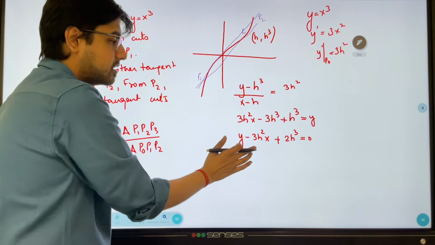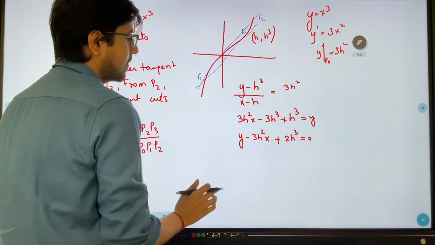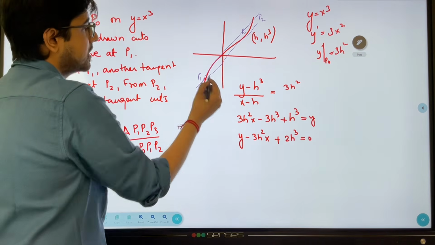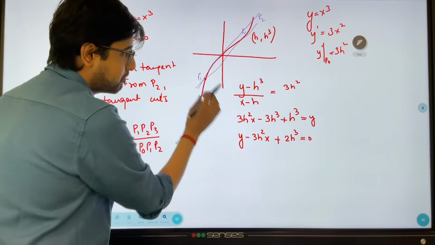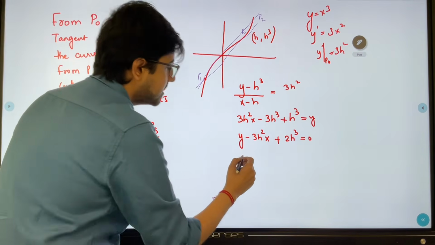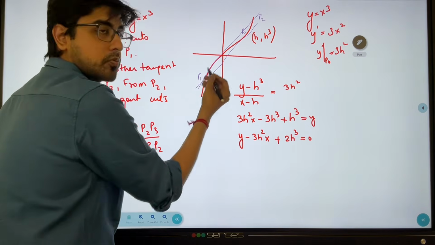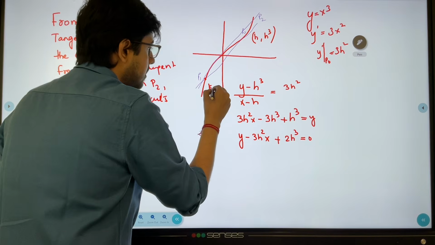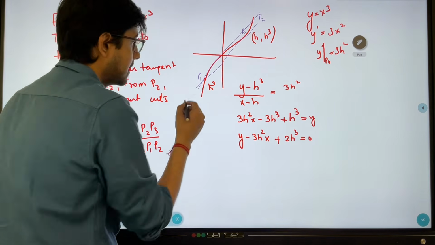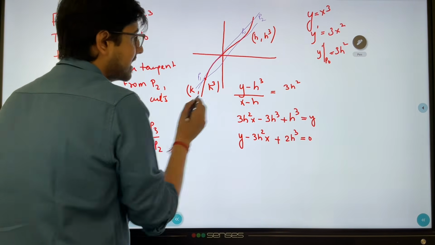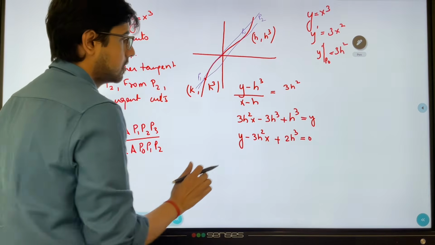Since this tangent cuts the curve again at P1, the point P1 can be represented with y as k cubed. So the x is k for this, right?